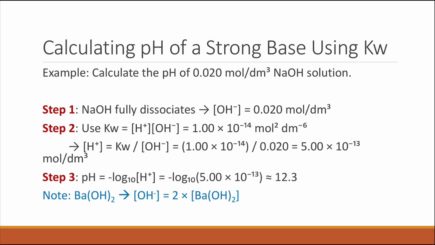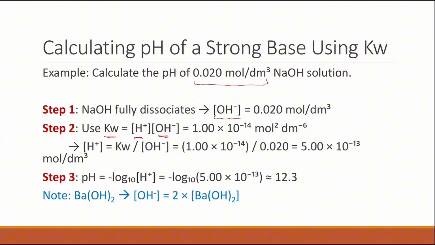And now, if we have a certain base like sodium hydroxide, which has a certain concentration like this one, 0.02 mole per decimeter cube, then the concentration of the hydroxide ion will be considered as the concentration of the hydroxide from the strong base. Now we can use the ionic product of water, which equals the hydrogen ion concentration times the hydroxide ion concentration. The hydroxide ion concentration now is not going to be similar to the hydrogen ion concentration. It's going to be the concentration of the base.